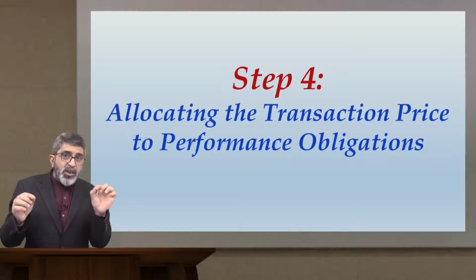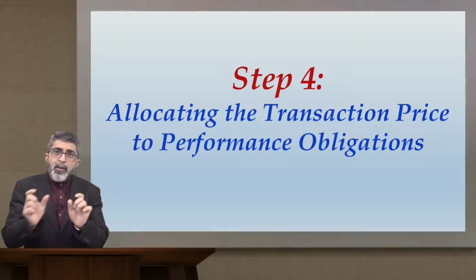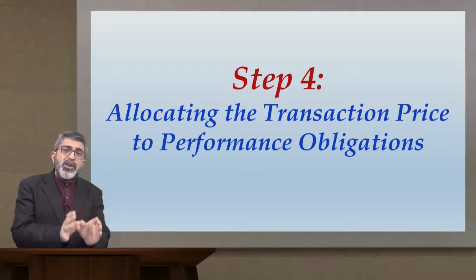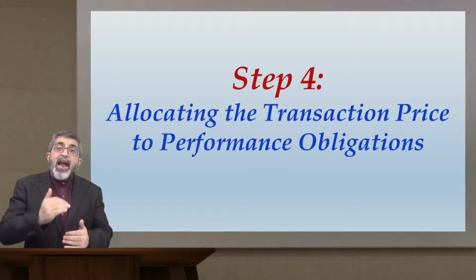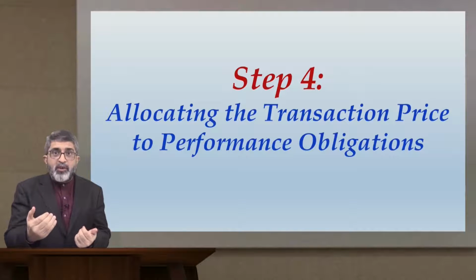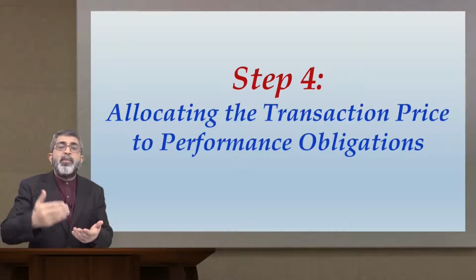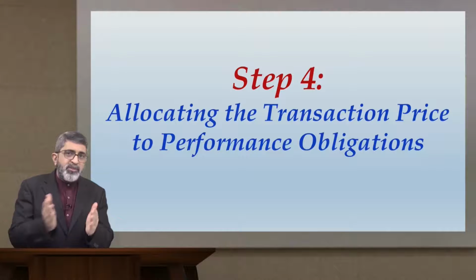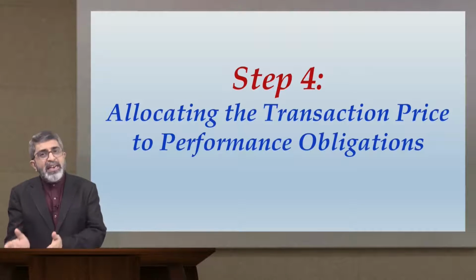That means upon completion of each of these, part of the revenue can be recognized with respect to that particular performance obligation, and the order, sequence or manner in which the performance obligations will be completed can differ. Something can happen first, something later.